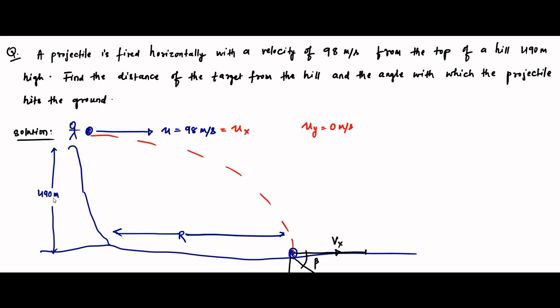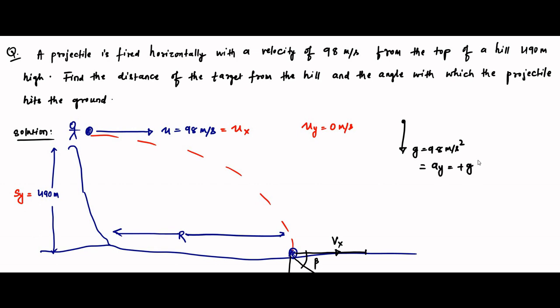This height of the hill is the net vertical displacement of the projectile during its entire trajectory. Then we have acceleration due to gravity. Nothing has been mentioned, so acceleration due to gravity will be 9.8 meter per second square. And it is acting downwards in the vertical direction, so ay is equal to plus g.